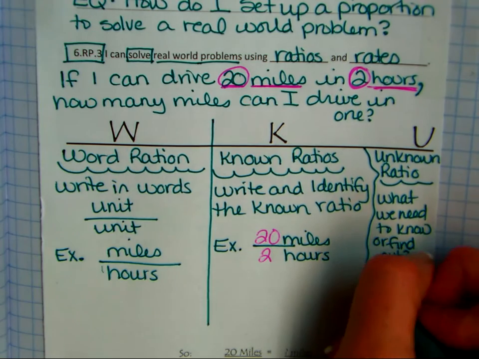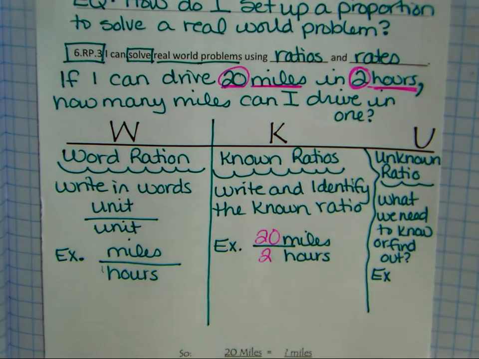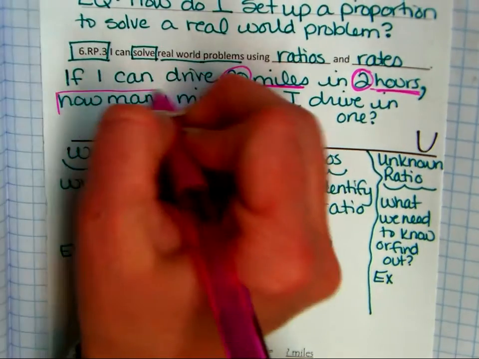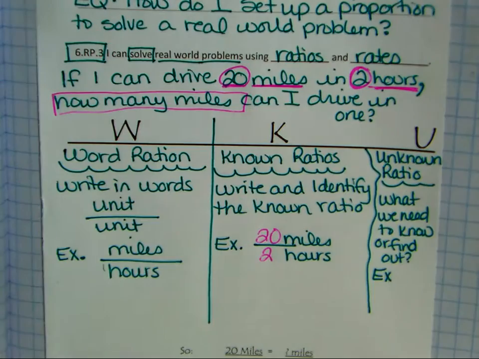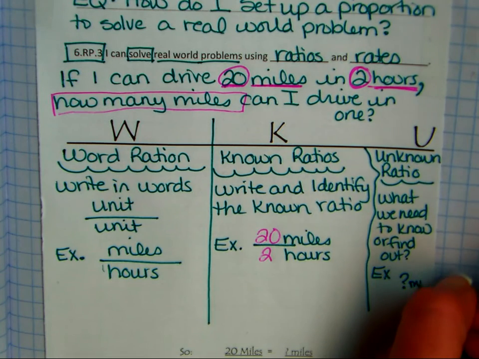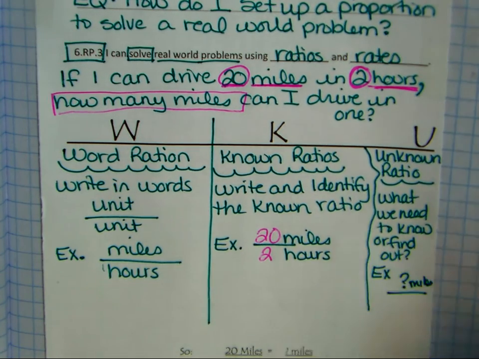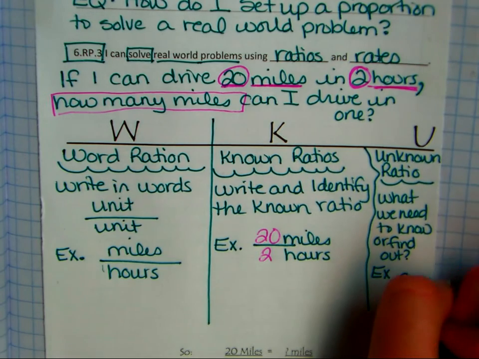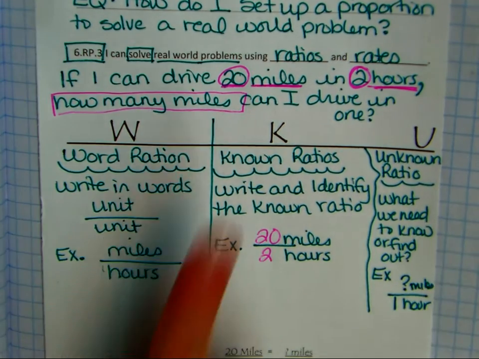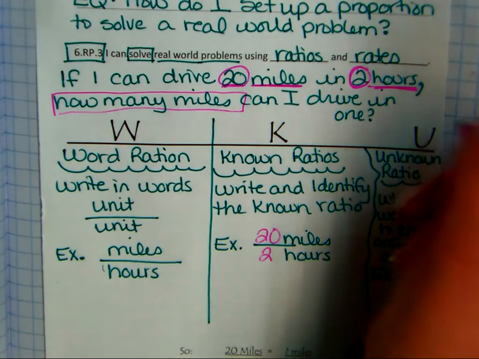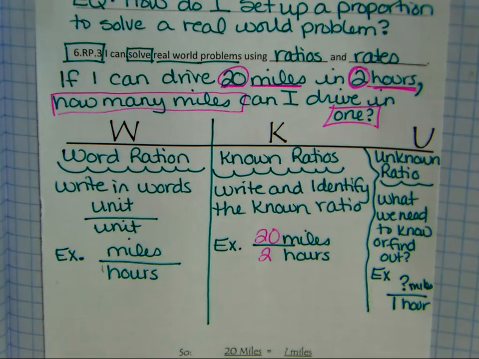And the example here would be, we want to know how many miles. So we don't know the miles, but we do know that we have 1 hour. And I know that because it's saying how many miles can we drive in 1 hour.